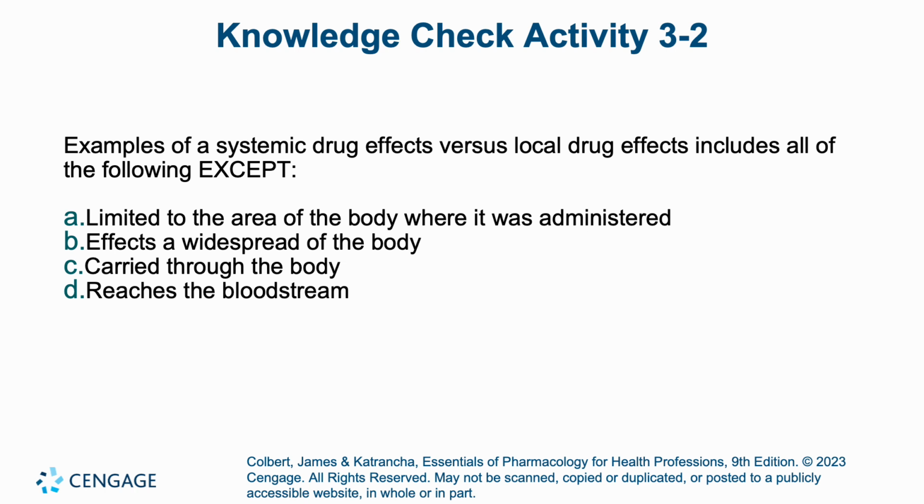Knowledge check. Examples of a systemic drug effect versus a local drug effect includes all of the following except A, limited to the area of the body where it was administered, B, affects a widespread area of the body, C, carried throughout the body, D, reaches the bloodstream.